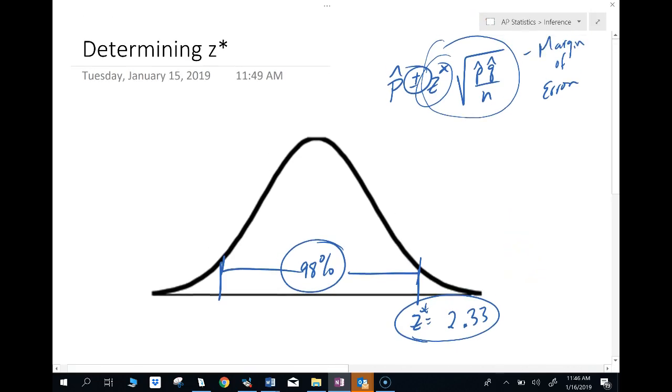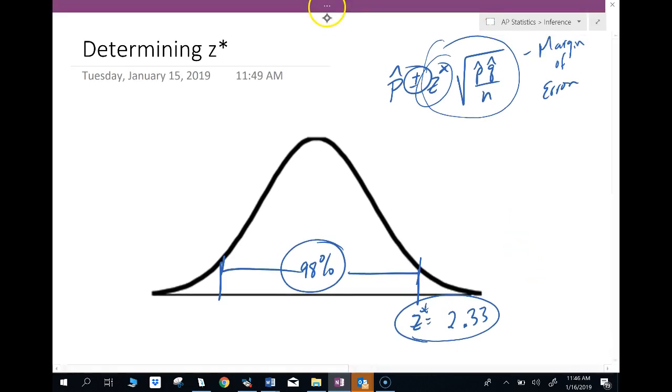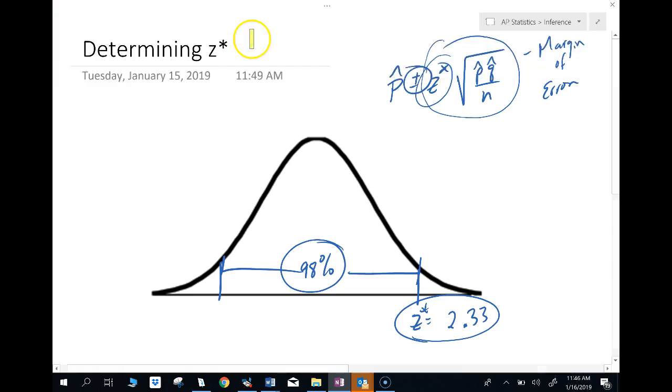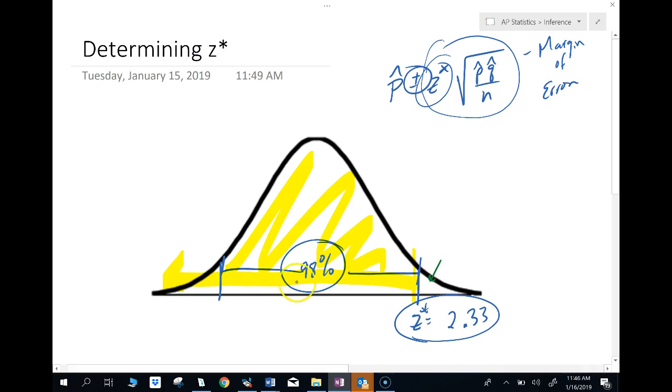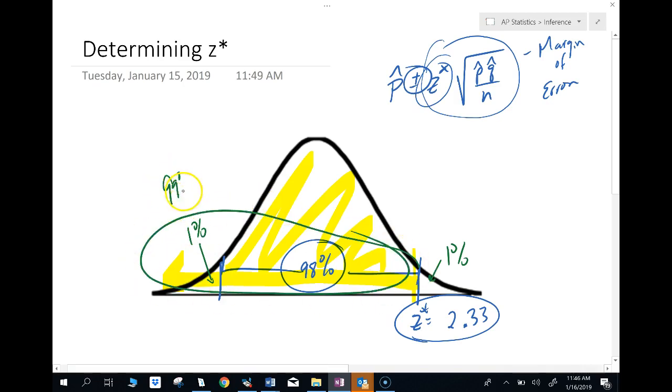The reason is that my calculator only does things all the way over, so it finds this entire area. If 98% is in the middle, there's only 1% on this side and 1% on this side. So this whole thing is 99%. That's not saying 99% confidence. That's just what I have to put in the calculator in order to get that using inverse normal.